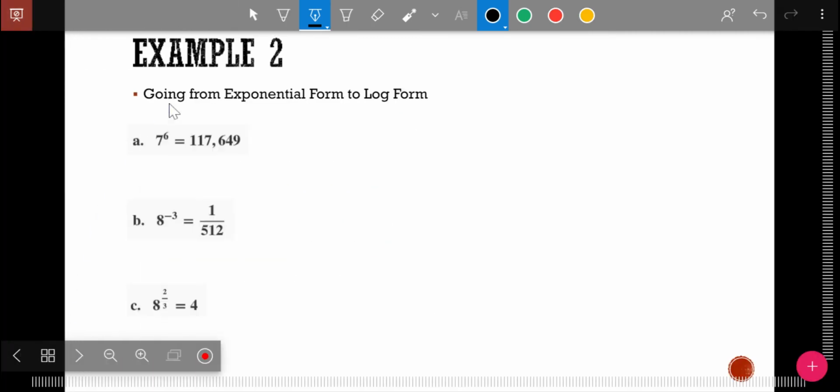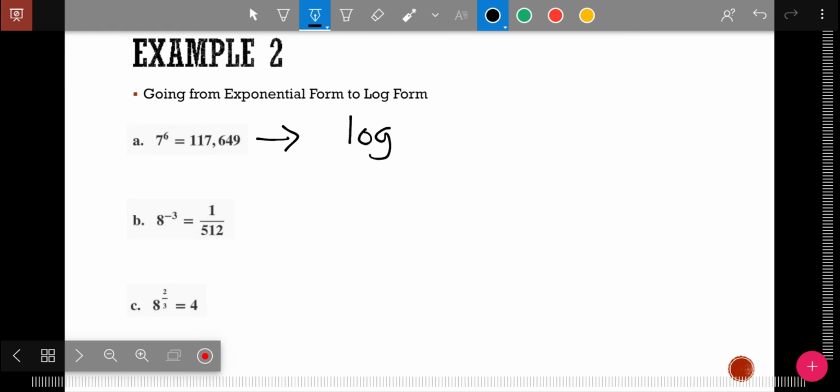So now they're giving me things that are in exponential form. 7 to the power of 6 is 117,649. So that is in exponential form right now. I want to rewrite that in log form. And so it's going to start with log, for logarithm.